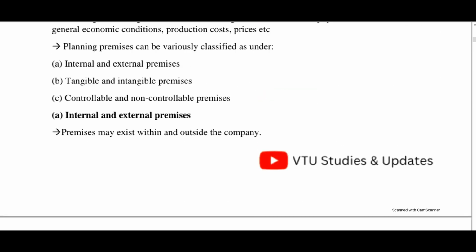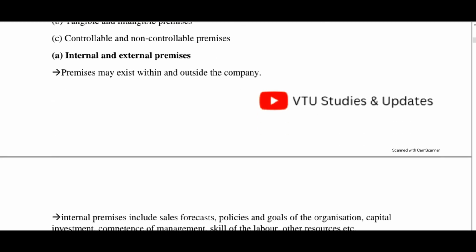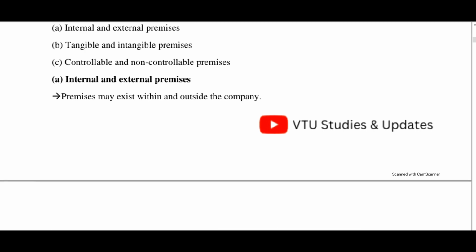So there are three types: internal and external, tangible and intangible, controllable and uncontrollable. Internal premises exist inside the company, such as sales goals and capital investment. External premises exist outside the company, such as government policies, wars, and business environment.